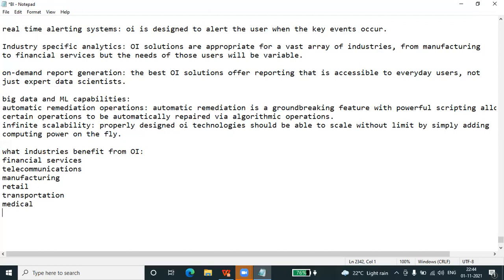Airports and other travel hubs are using operational intelligence to manage passenger and vehicle flow, minimizing incidents and ensuring a smooth travel experience for everyone.